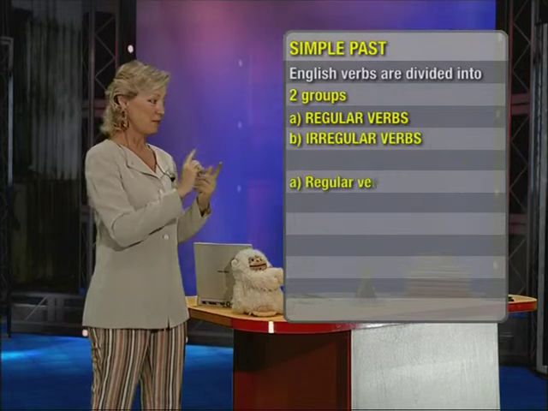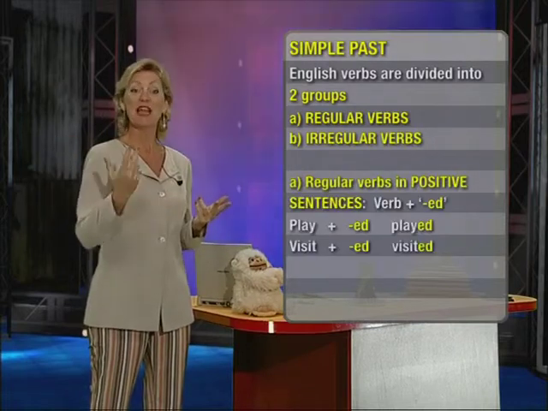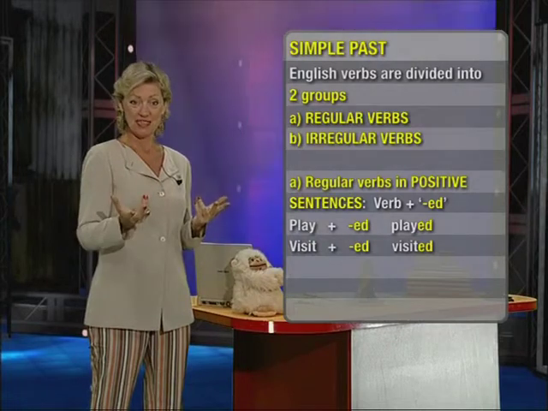Let's look at those on the screen now, because there are certain things that we need to know about the pronunciation and the spelling in particular of regular verbs in the past. So, as we said, the simple verbs are play, visit. You just add ed, so it's played and visited.